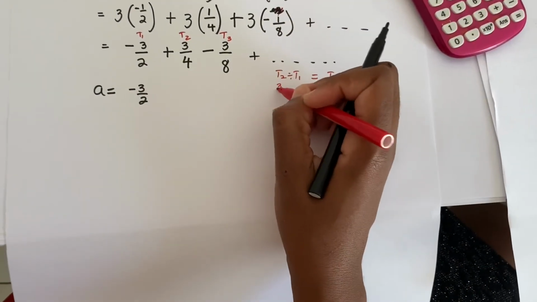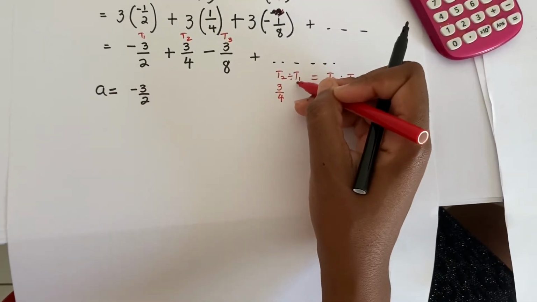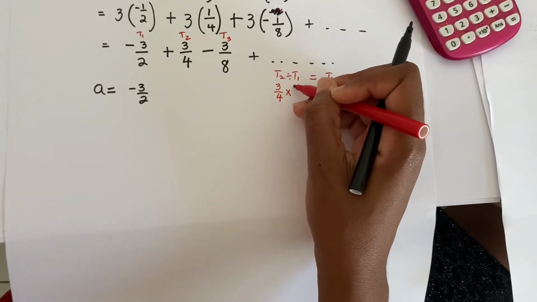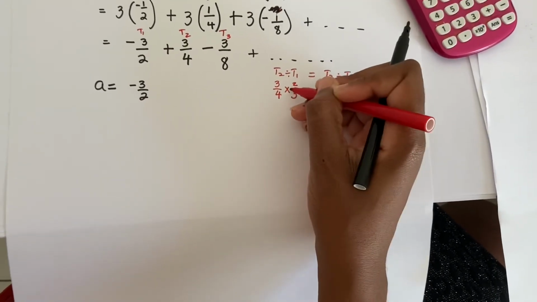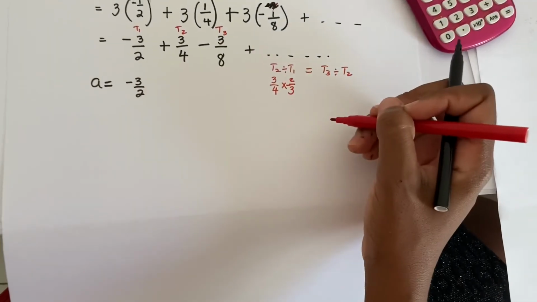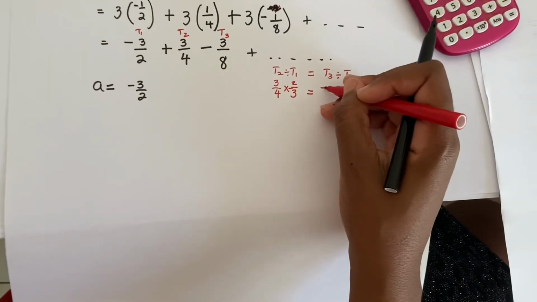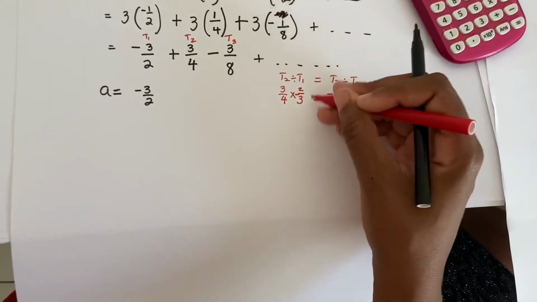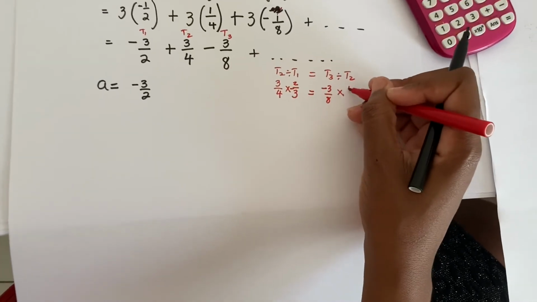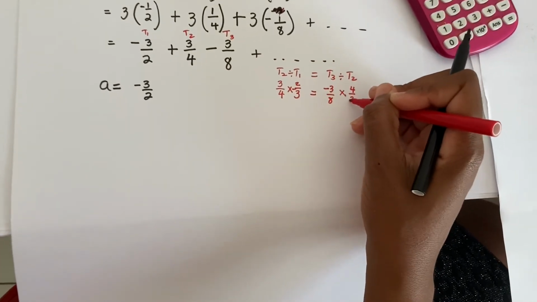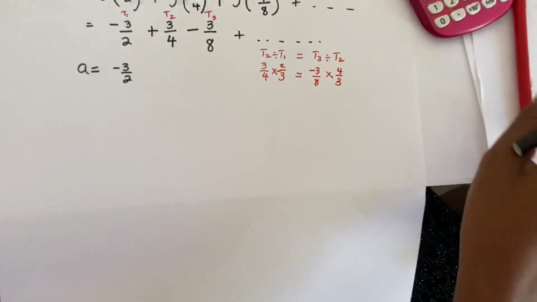T2 is 3/4. Dividing it by T1 is multiplying by the reciprocal of that. Remember, don't forget your negative. And T3 divided by T2 is multiplying by the reciprocal of the second term. What is that going to give me?